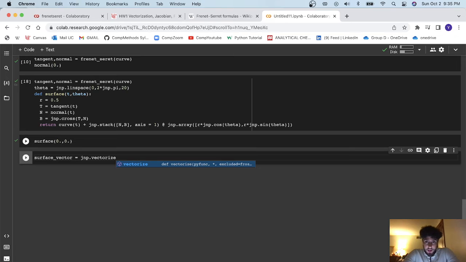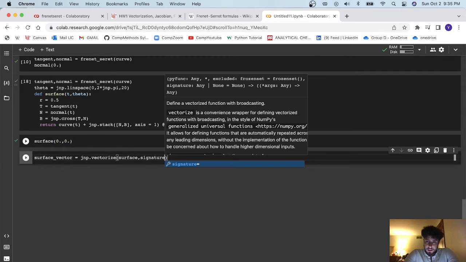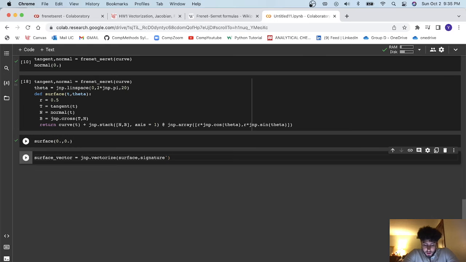The way we're going to do that is we're going to contain the surface we defined, and we need to make a signature, and it's a scalar. So we're going to give initial values of nothing here, and another initial value of nothing here, and then we want to give it 3.